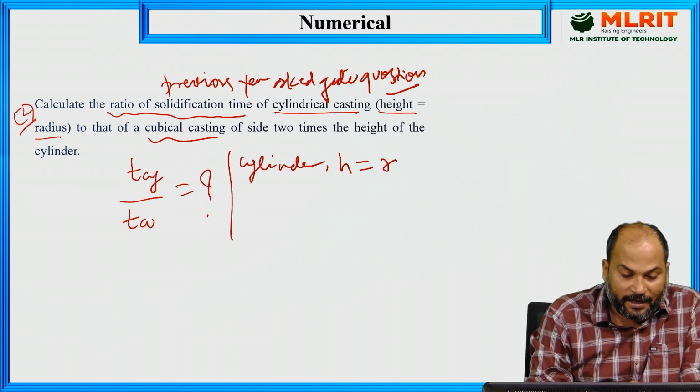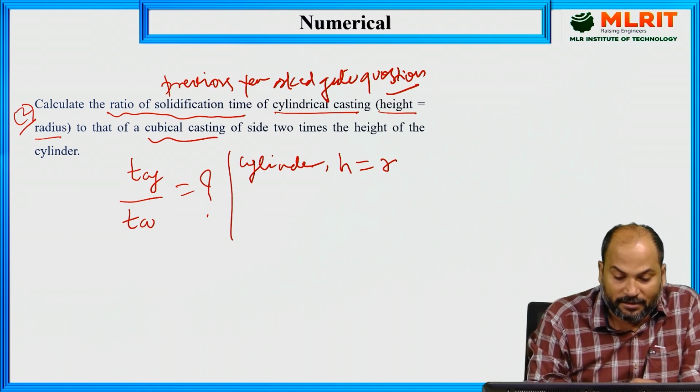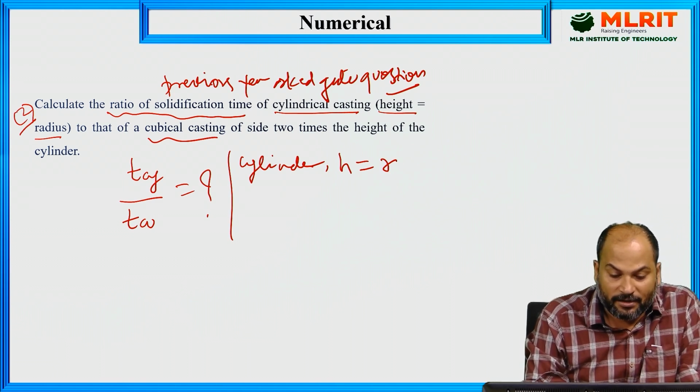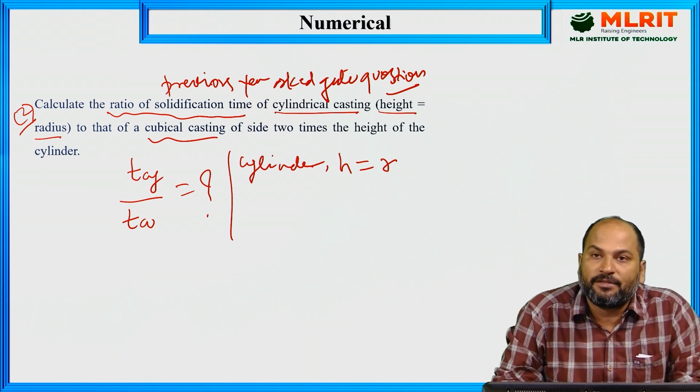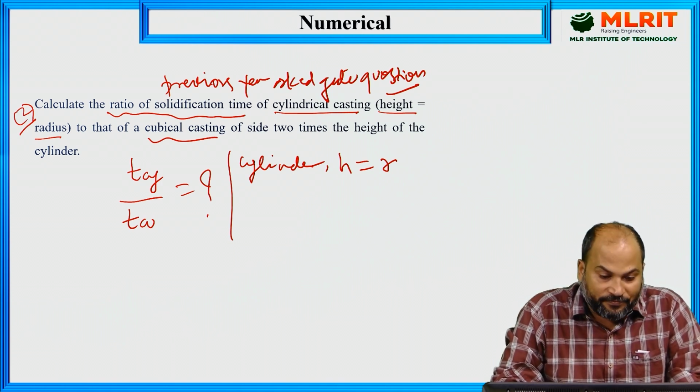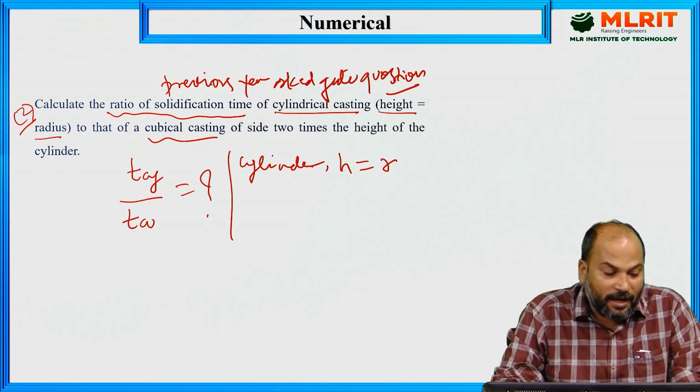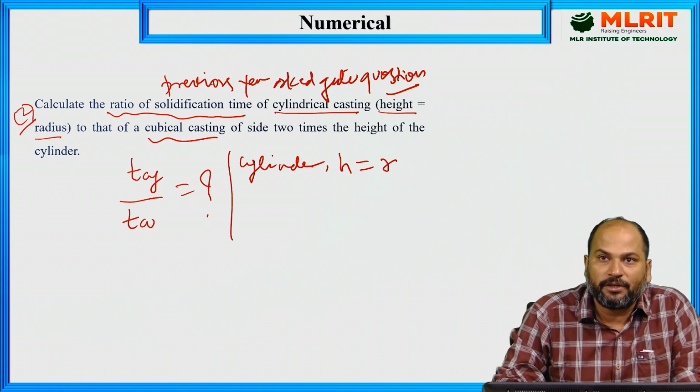In the cubical casting, the side is 2 times the height of the cylinder. So these two pieces of information are given, and based on that we have to calculate this value.